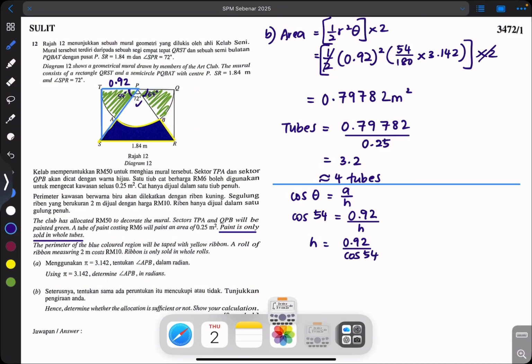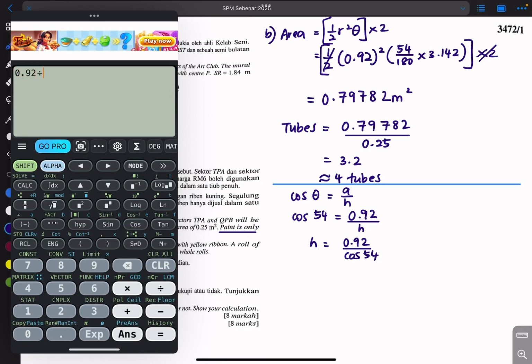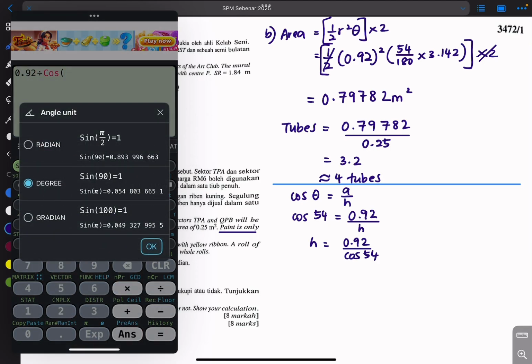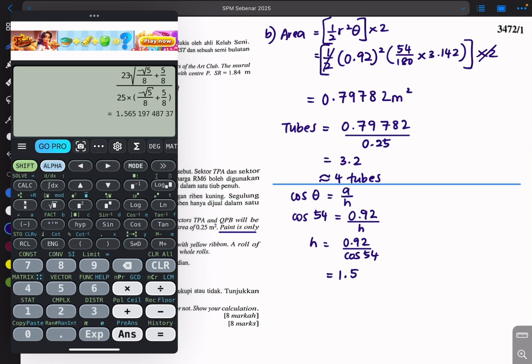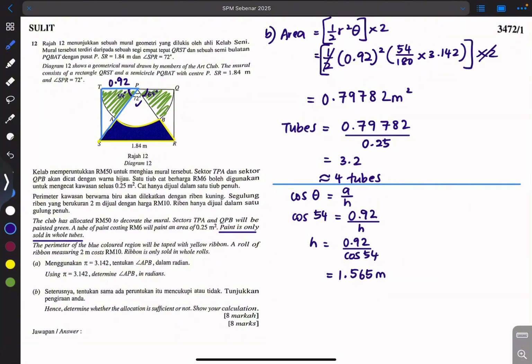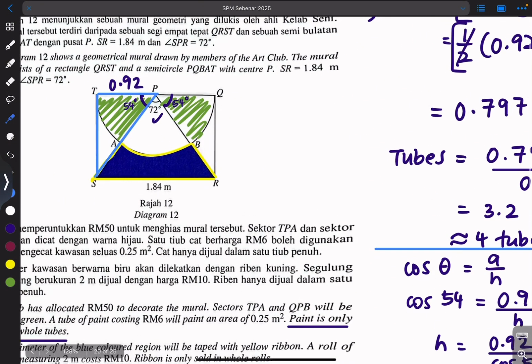In degree mode, cos 54, we get 1.565 meters. So from here to here is 1.565. And then we know from here to here is the radius, same as this, so this will be 0.92 as well.